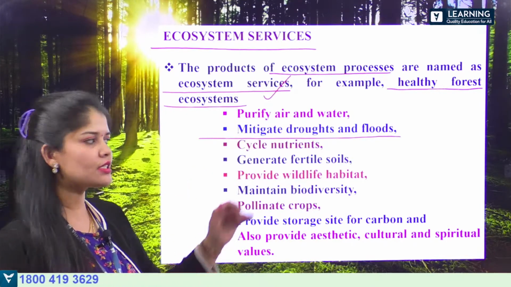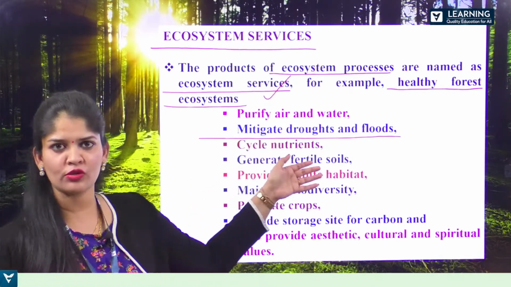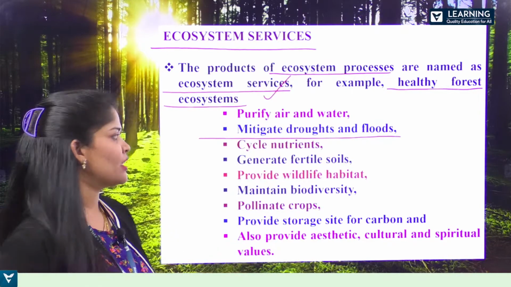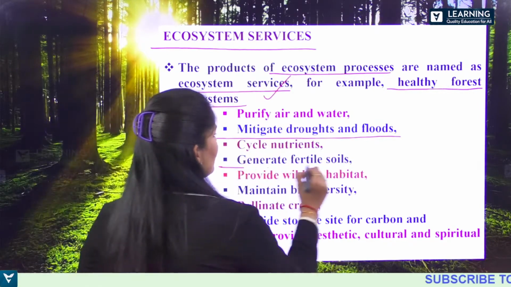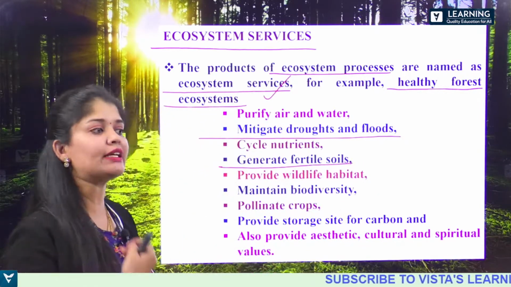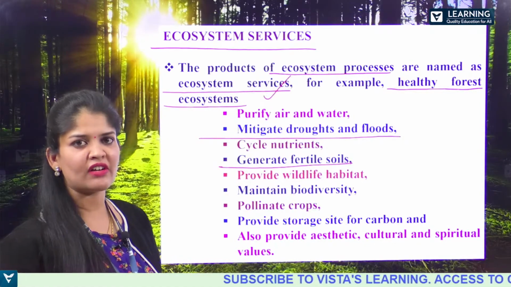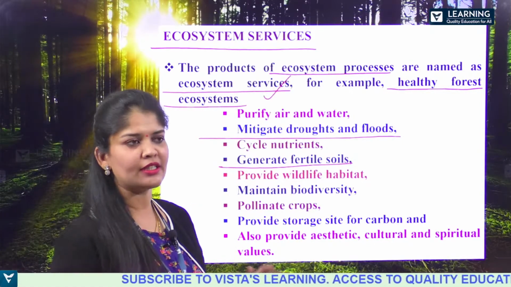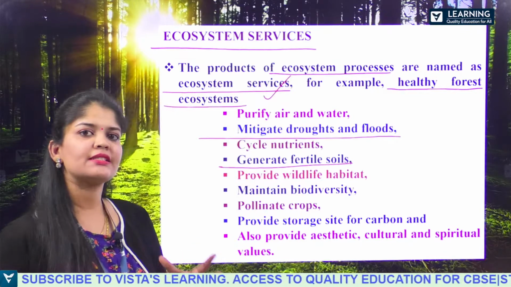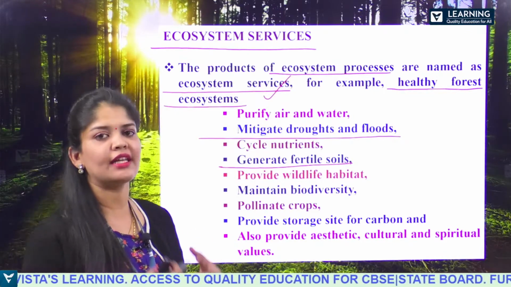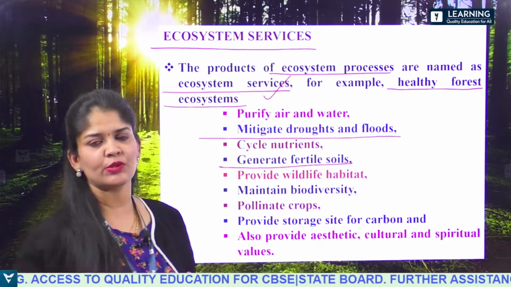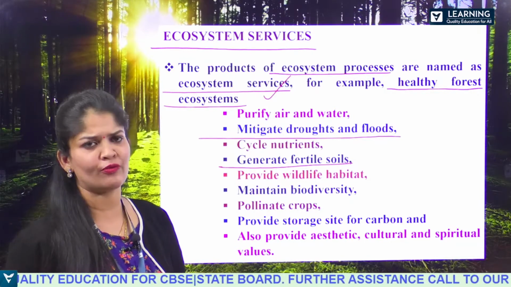And this is one of the important functions of the ecosystem, that is nutrient cycling. It cycles nutrients and increases the fertility of the soil. That means availability of the nutrients in a dissolved form. Thereby, the plants can absorb, they can grow, and they can produce the biomass, which is transferred. That is what we call energy flow.